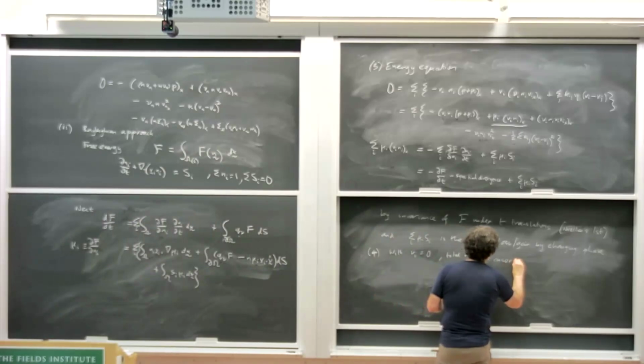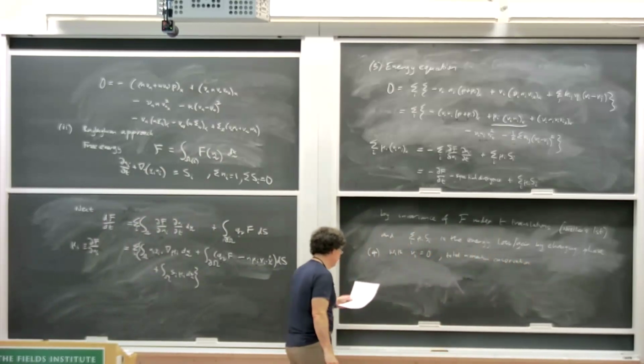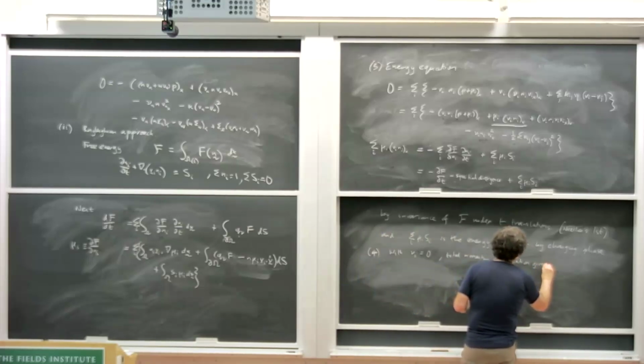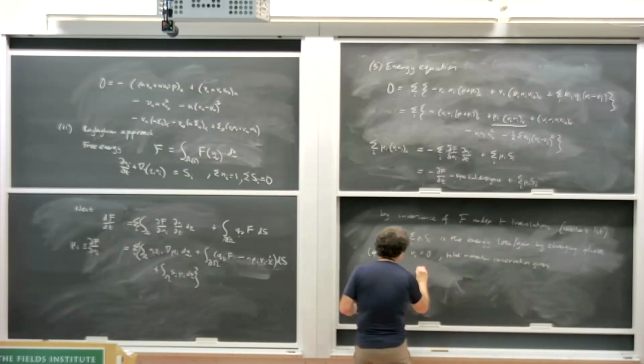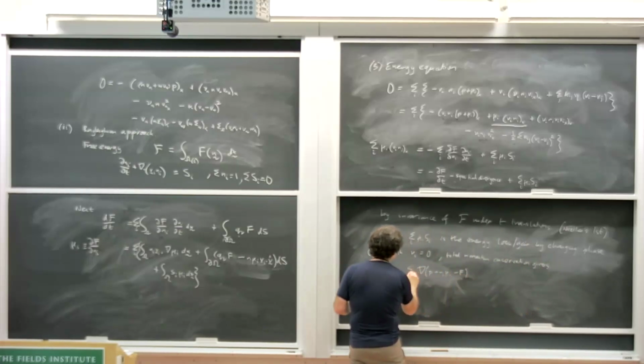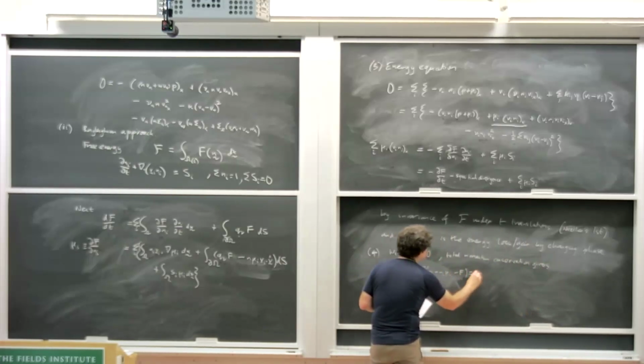In the case I've largely concentrated on, where F just depends on n_i, gives you simply a grad. Well, in fact, let me write that down. So grad of P plus the sum over i of n_i ∇(∂F/∂n_i) is equal to 0.